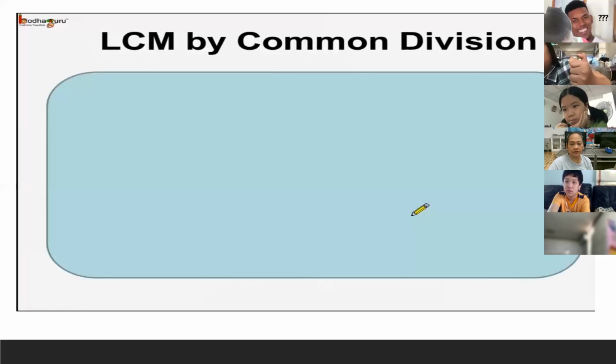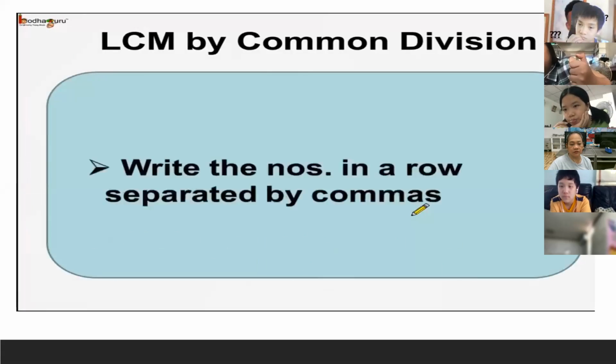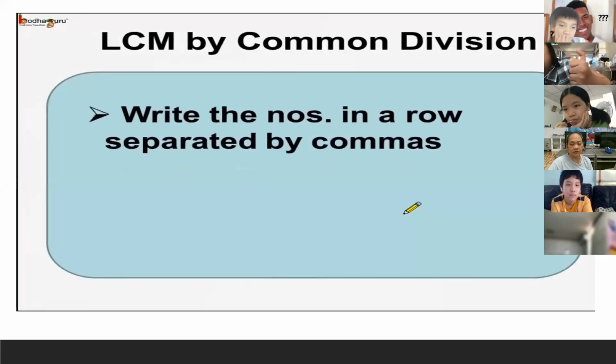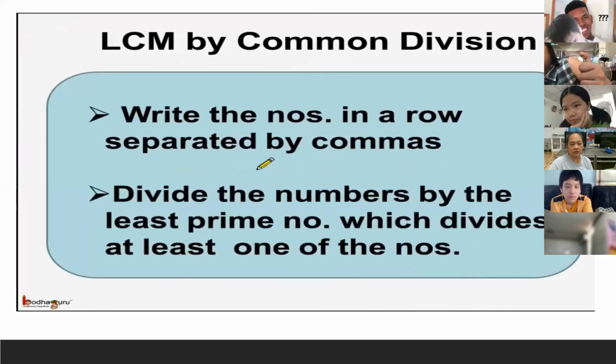Now let us see how we did this finding of LCM using the common division method. First, we write the numbers in a row separated by commas. Next, what did we do? We divide the numbers by the least prime number which divides at least one of the numbers.